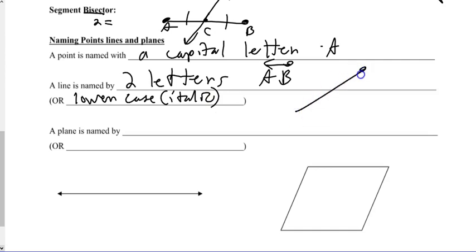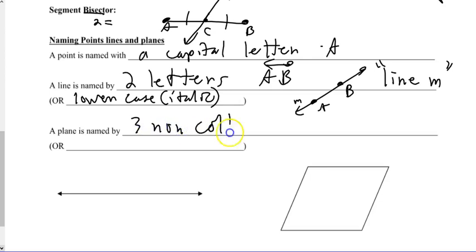So if I had this line here, I could call this line AB, but if I had a lowercase m, I could also call this line m, or line AB. I have that choice. So a plane is named by three, this is important, non-collinear points. Otherwise, it's a line. You're just naming a line. Or a single capital letter.